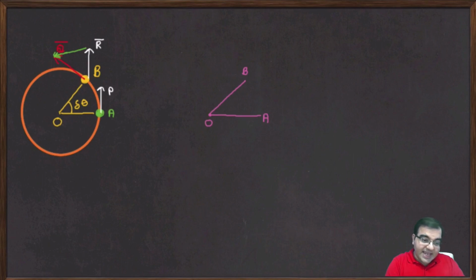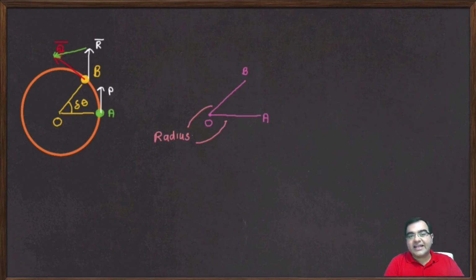Now let's take this triangle out. So I take OA and OB outside. Remember, delta theta is the angle between the two radii.